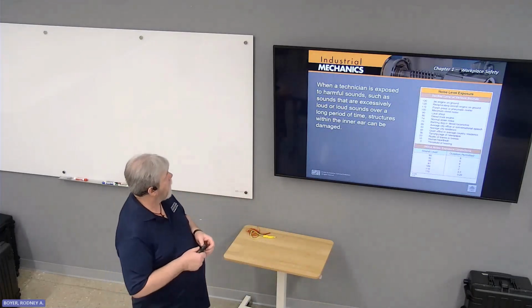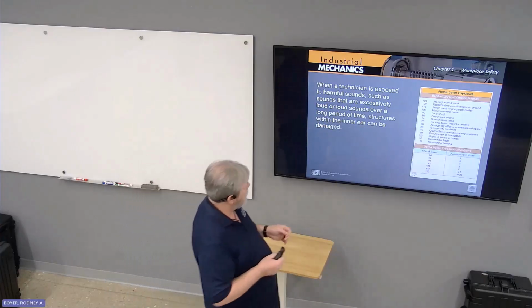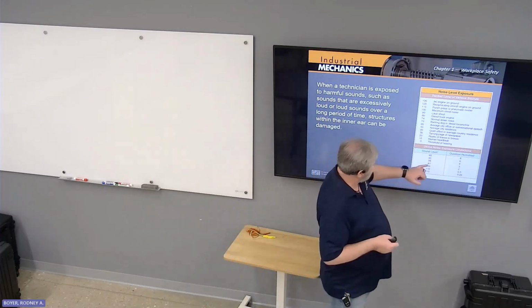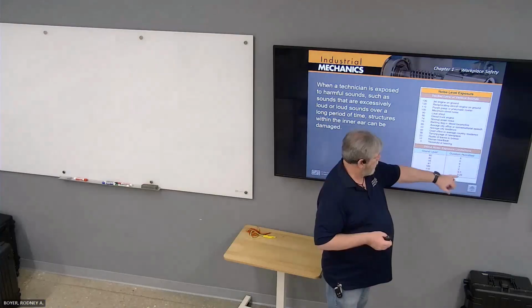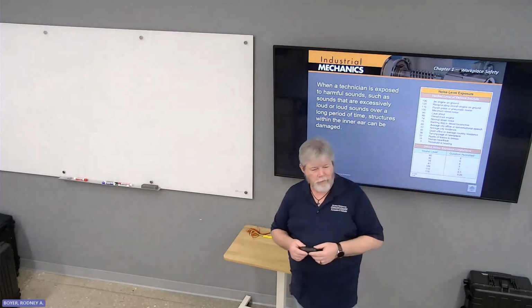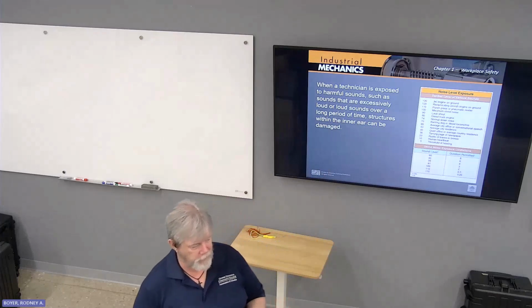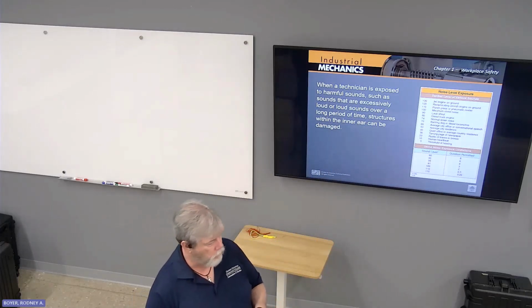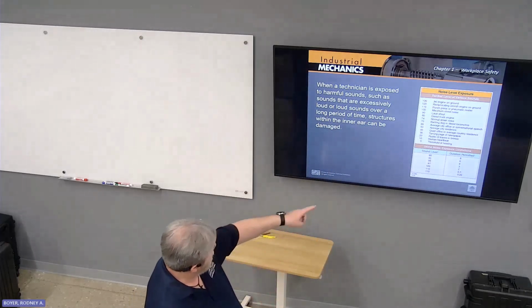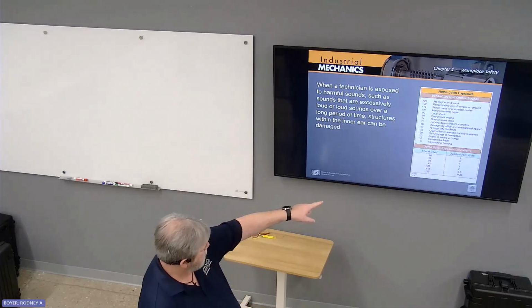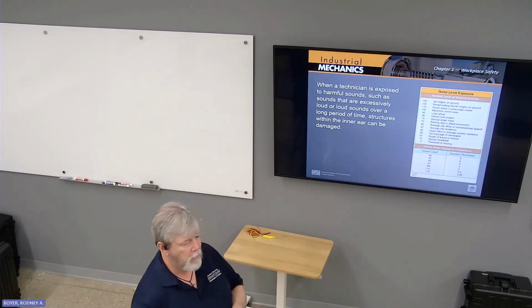Noise levels. Things you got to watch out for is how long can you be exposed to a noise at that level and not sustain hearing damage. Okay. You can tell the louder it gets, the shorter the time period is.